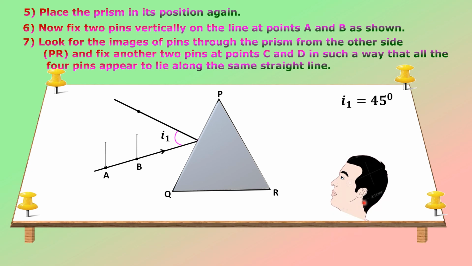Here is an observer, and he looks for the images of these two pins, and here the images are formed. Let us fix two more pins at the points C and D in such a way that all the 4 pins lie along the same straight line.